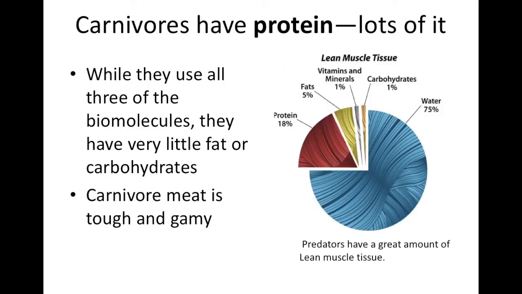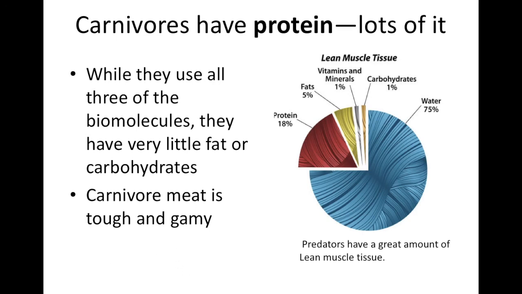Even though they use all 3 of the other macromolecules, they have a lot of lean muscle tissue, which mainly after water has quite a bit of protein. So that means that they need to consume a lot of prey that has protein and fats so that they can keep maintaining this lean muscle tissue.